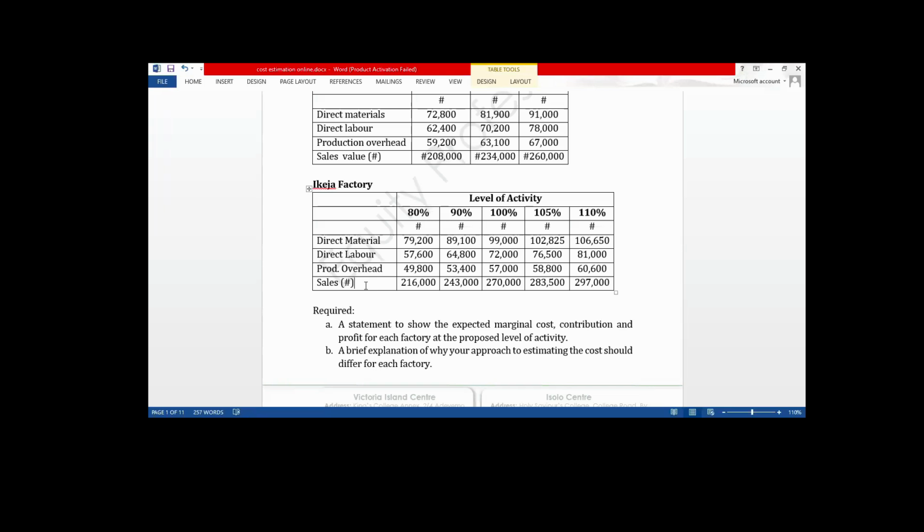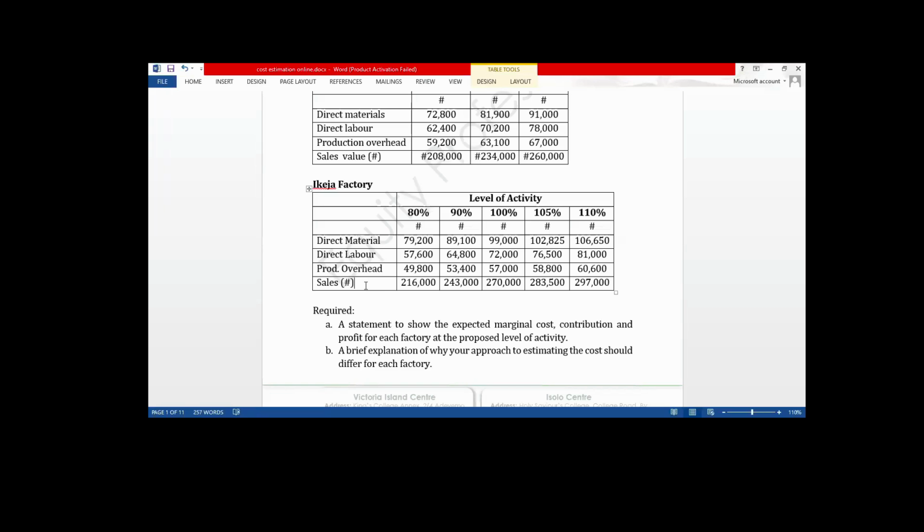Now, the examiner says we should prepare a statement to show the expected marginal cost and the expected contribution and the expected profit at each factory at the proposed level of activity.